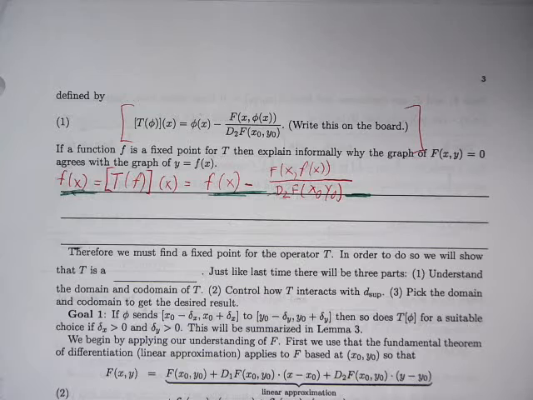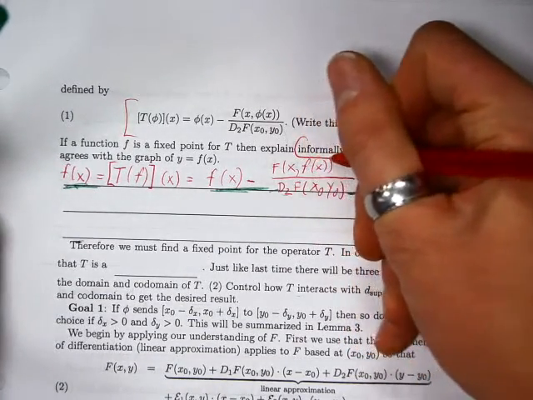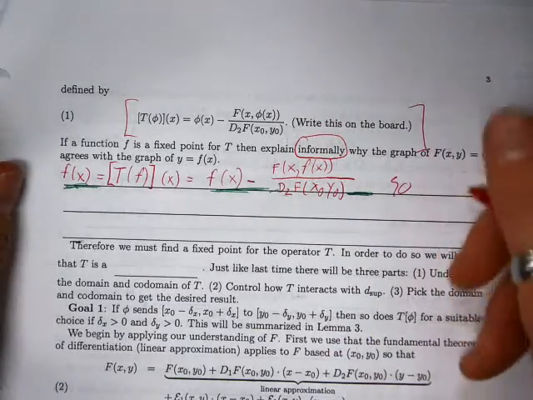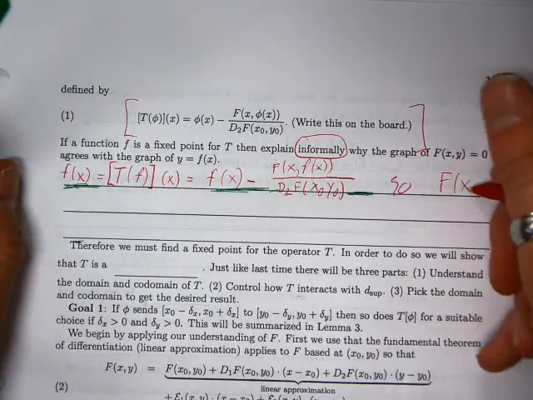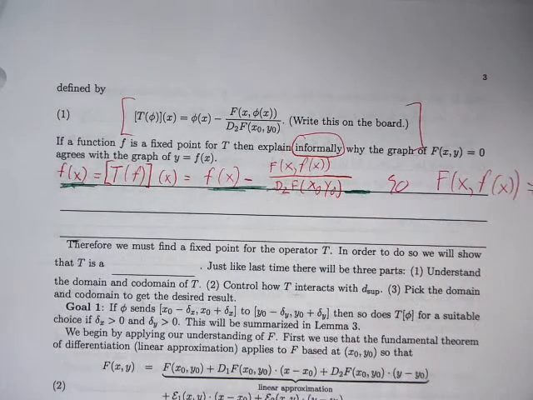Second thing equals 0. What's the only way a fraction can be equal to 0? The top is 0. So we get the conclusion, where here I'm relying on the fact that it says informally to be sloppy, that big F of x comma f of x is equal to 0. Aha. But that means something.